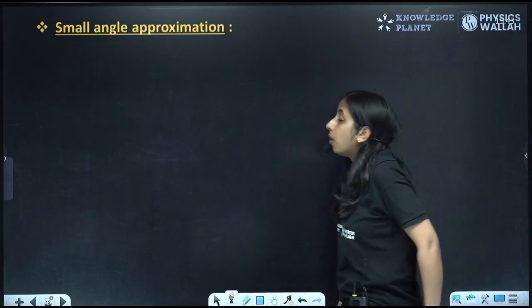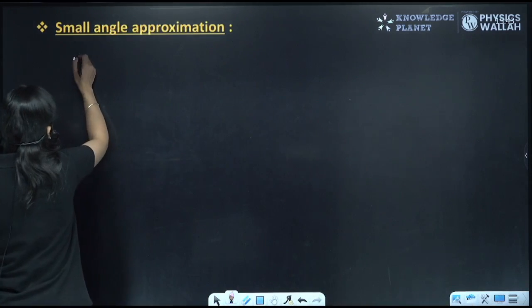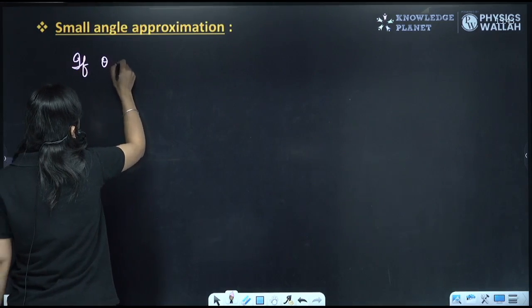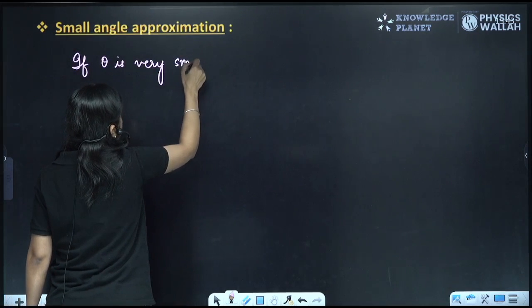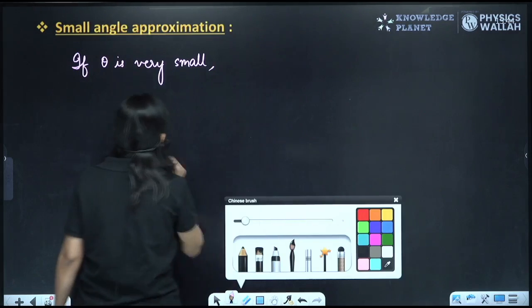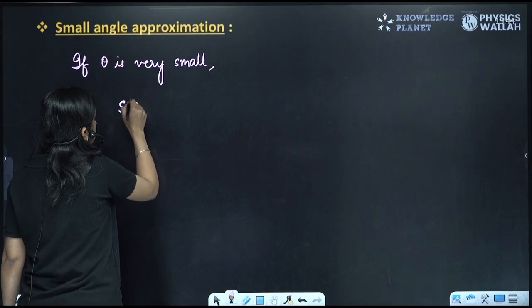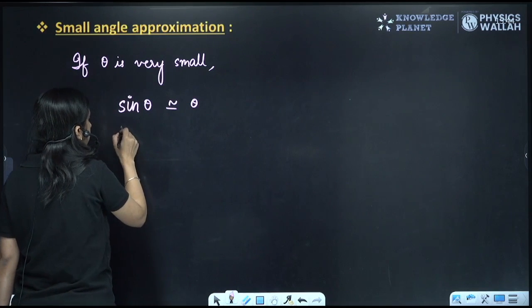Now there is the small angle approximation. The small angle approximation says that if theta is very small, then sine of theta is approximately equal to theta.